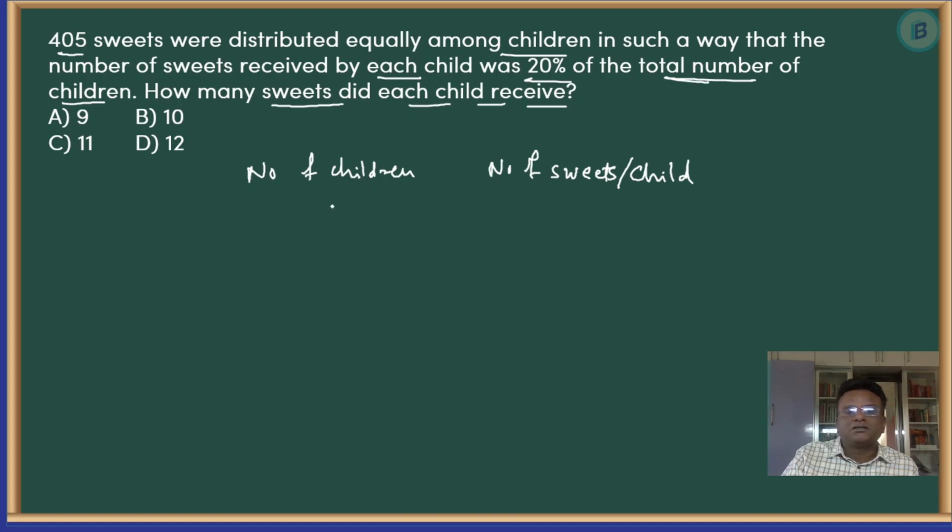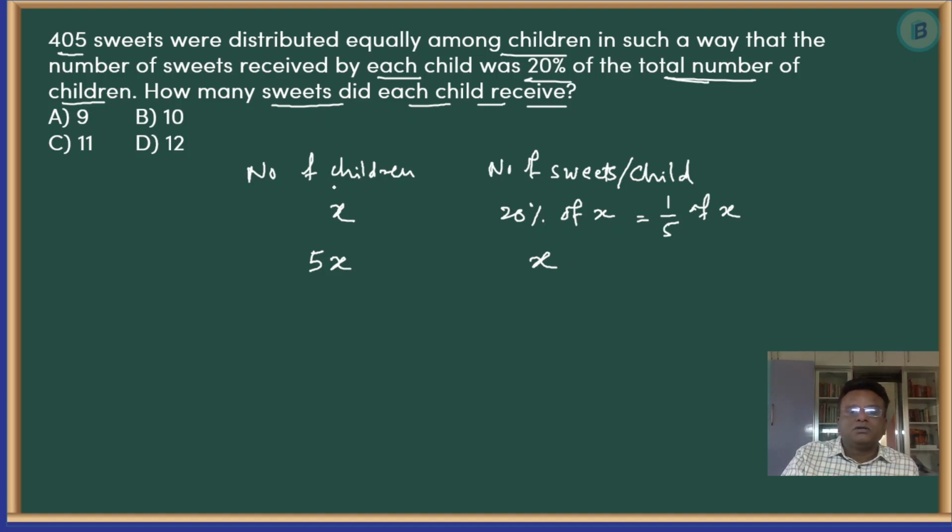So whatever this number was, let us say x, this was 20% of x. We know that 20% is equal to 1/5 of x. So rather than taking 1/5 of x, what I'm going to do is I will take 5x as number of children and x as number of sweets per child. So x is 1/5 of 5x.